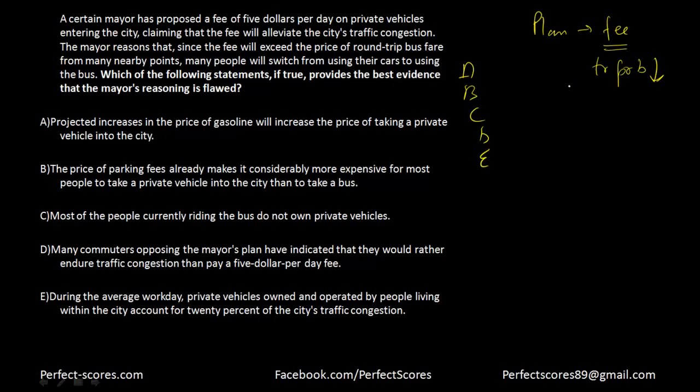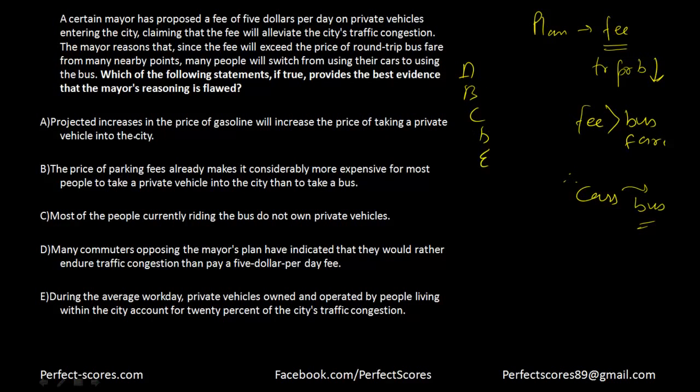What is the reasoning that the mayor is giving is that fee will exceed price of round-trip bus fare. Now this fee will be more than the bus fare from many nearby points, so many people will switch from using their cars to using the bus. Therefore, people who are actually using cars will now switch to using the bus transport. So we have to find a flaw in this argument.